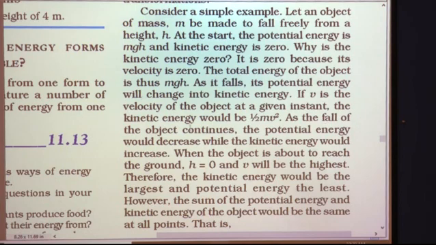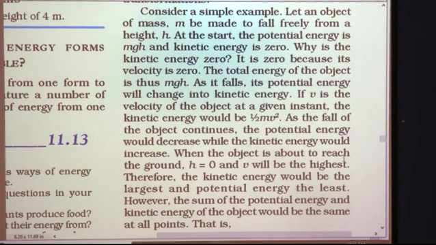As the fall of the object continues, the potential energy would decrease while the kinetic energy would increase. So, when the object starts falling, potential energy starts converting into kinetic energy, and that is why potential energy decreases and kinetic energy goes on increasing.